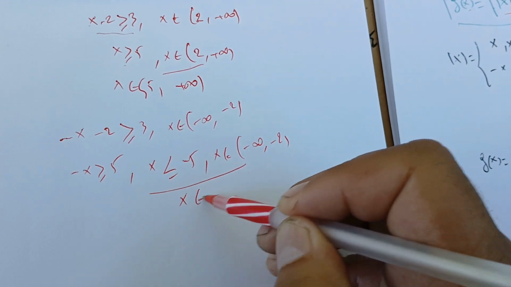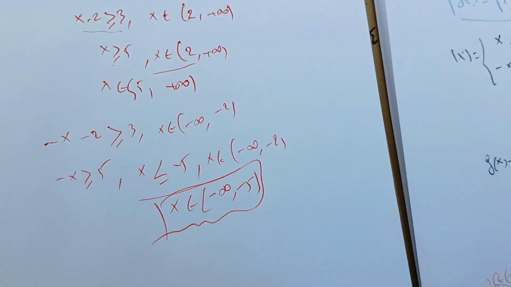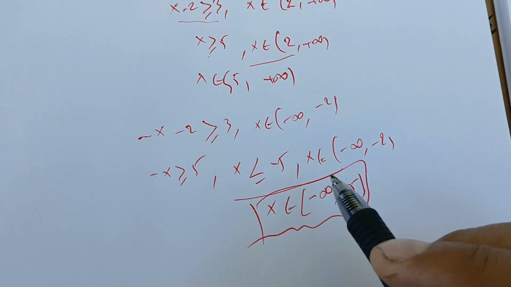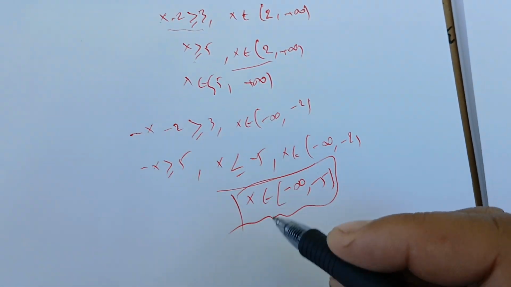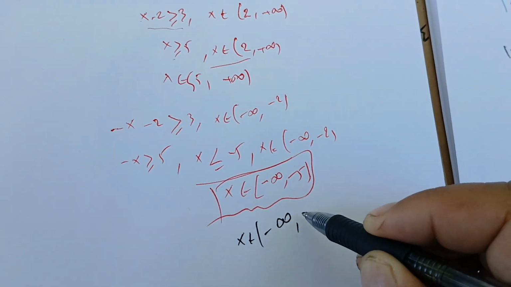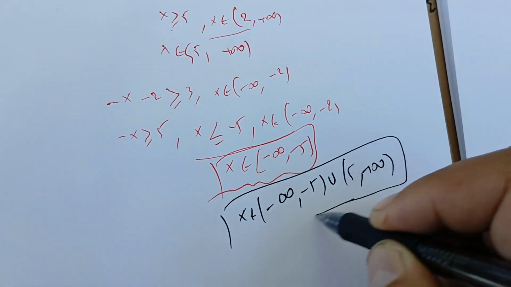That means x is in here, minus infinity, minus 5. Okay? And in the same manner, I can proceed to see that this one is true only when x is in this interval, minus infinity, minus 5 union 5, plus infinity.